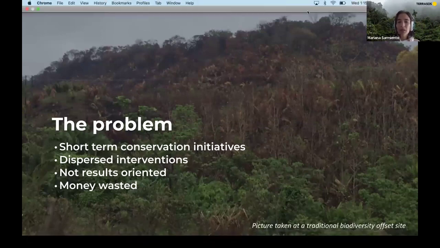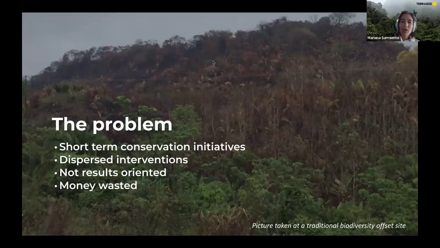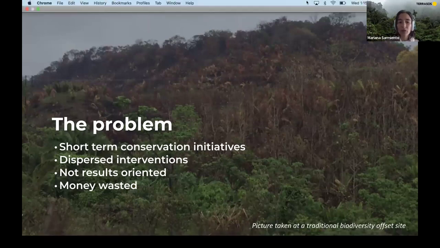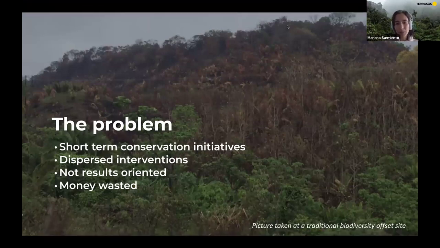And it happened in part because the agreements with the landowners weren't long-term. So how do we avoid these kinds of things? And this is where, for us, the TEBU is a representation of the solution. So we want to avoid short-term conservation initiatives, dispersed interventions that are not results-oriented, and money being wasted. Next.